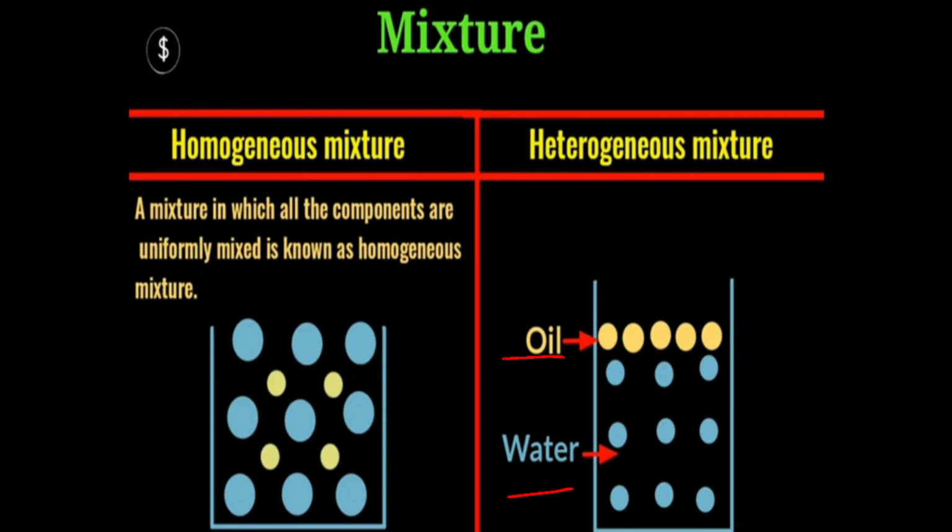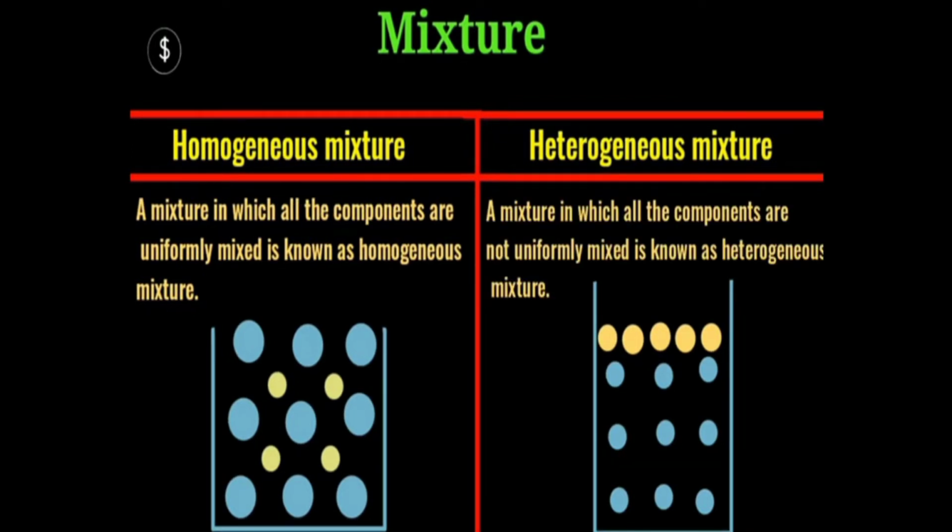We know clearly that the oil will form a layer on top of the water, right? So, a mixture in which the components are not uniformly mixed is known as a heterogeneous mixture. In a homogeneous mixture, all the components are uniformly mixed, meaning they get dissolved inside it. And in a heterogeneous mixture, the components are not uniformly mixed.